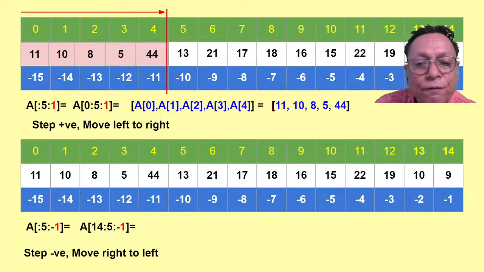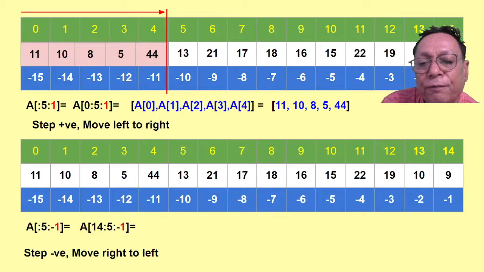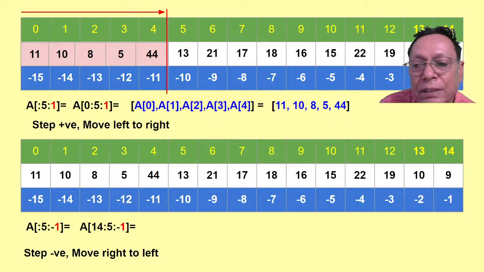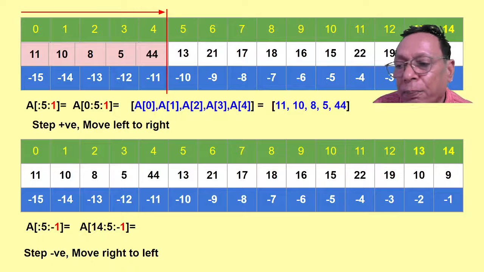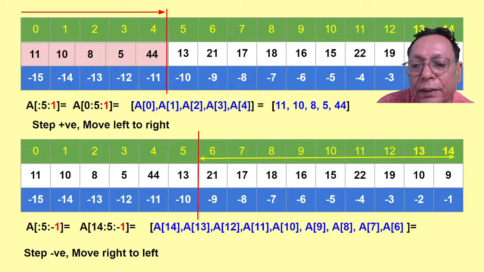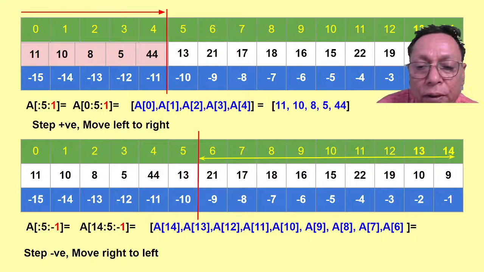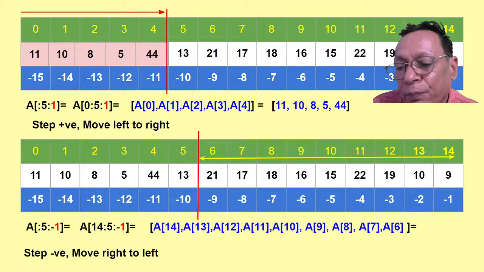This is A[:14:-1]... that is 14 colon 5 colon -1, which means you will have to move right to left, and that is why it is going to take the first value as 9, A14, A13, A12, A11, A10, A9, A8, A7, A6, and till where? Till index 5, and we'll have to move till 6.